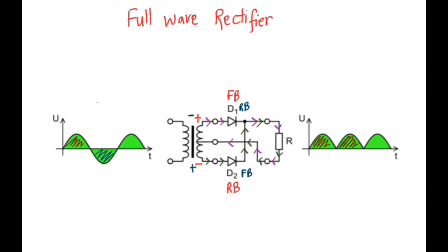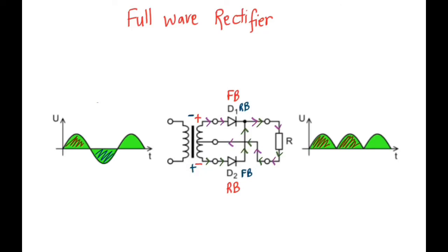across the resistor. So what has happened? This full wave rectifier has converted both the halves into DC. The positive cycle has come out as a positive output, whereas the negative half has also been converted into a positive half.